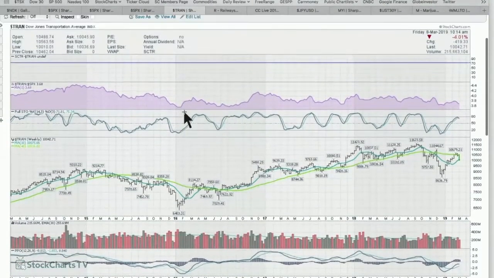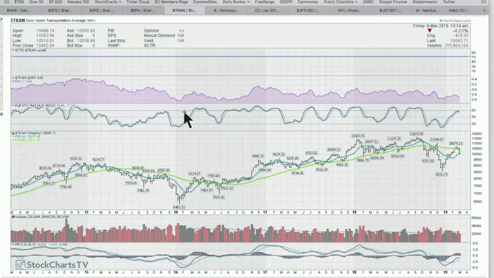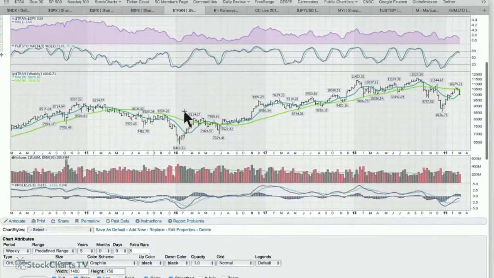And I have many friends on Twitter that are avid 200-day moving average followers, and I have a few that are not, but I consider it to be one of the bigger moving averages. And you can just see on this railway, when it's above the 200-day or the 40-week, it's important. When it's below it, that's even more important.